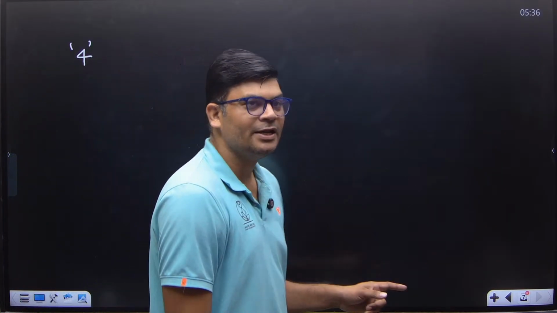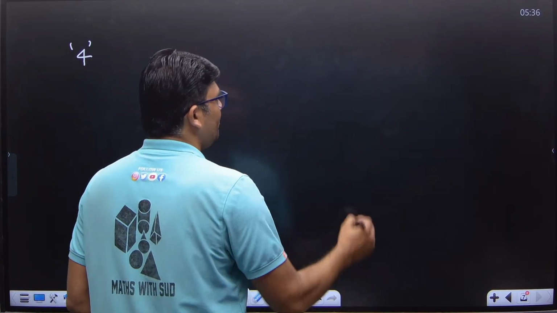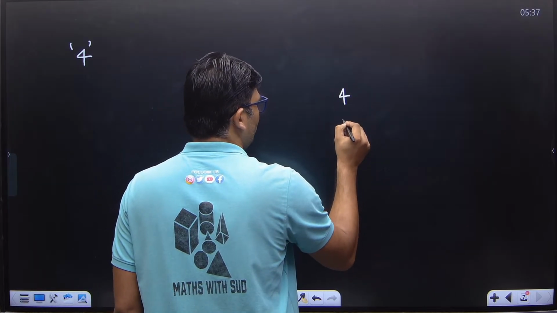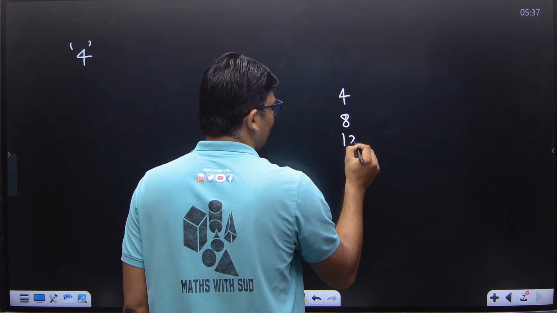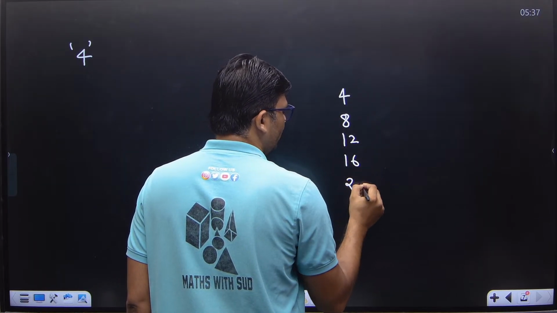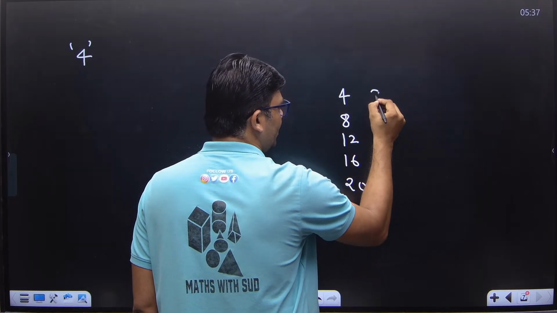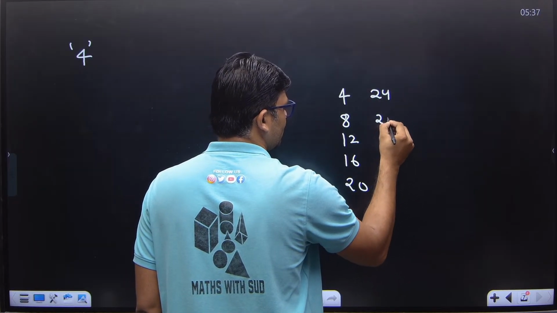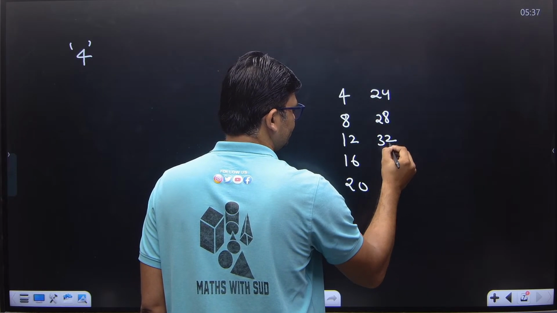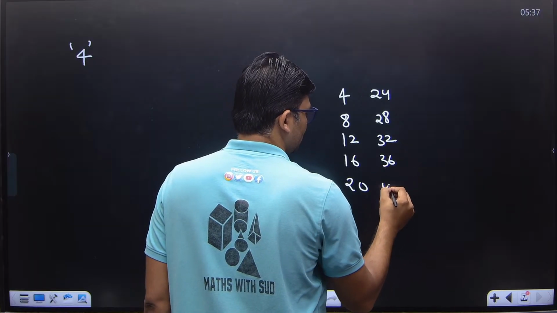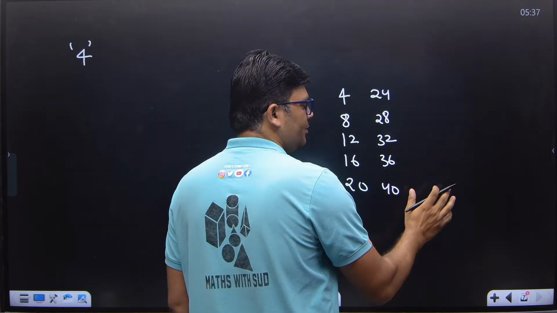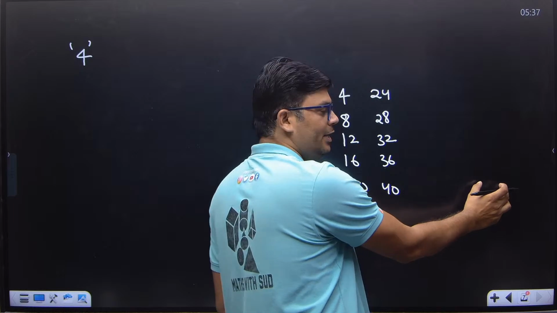You just see the pattern and then you start writing. The pattern is 4, 8, 12, 16, 20, and then you write from here again, repeating in the same manner. And you have to write up to 100.